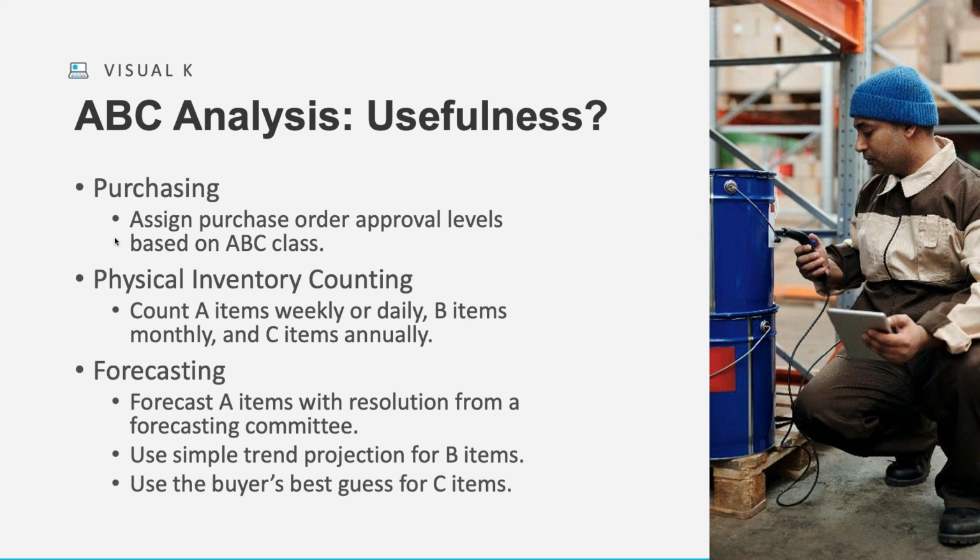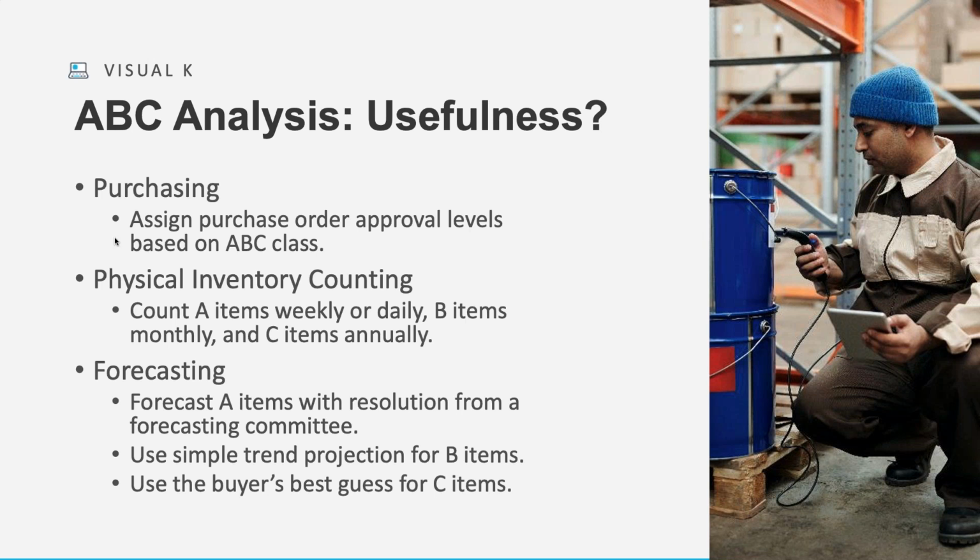So we can use it in the purchasing part of the inventory. We can design approval levels based on that ABC class, so that high priority items, items that are very expensive, will necessarily go to a specific person to get approval. The other ones could go through a different level of approval based on the value. So the system can be configured to provide those approval levels accordingly.